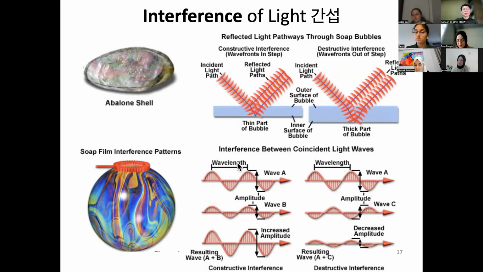And why is this important for microscopy? Because we can utilize this interference, constructive or destructive depending on different colors, which gives us different patterns. And we potentially use this as a microscopy.